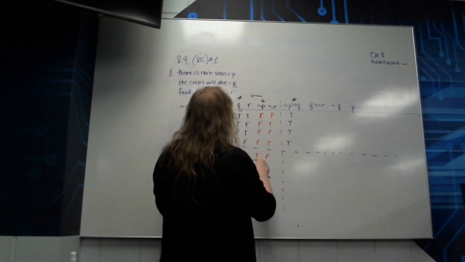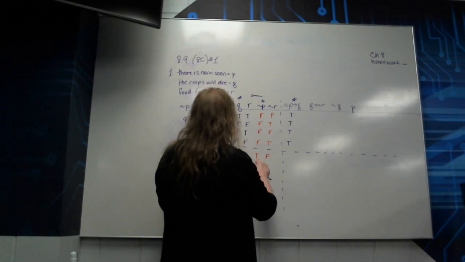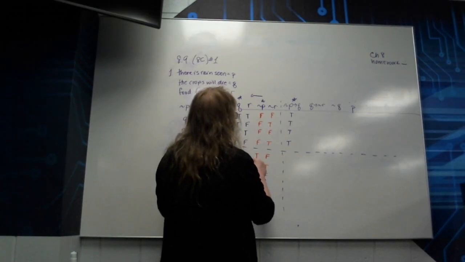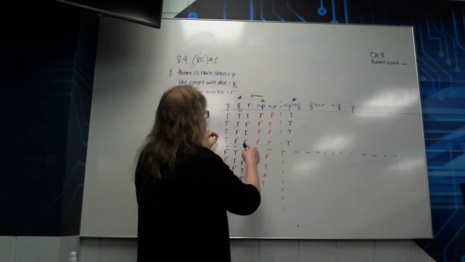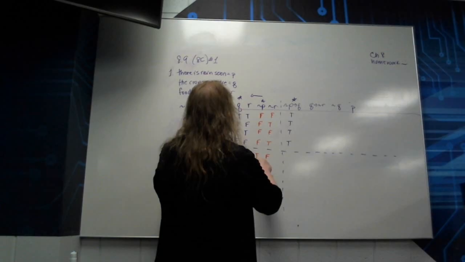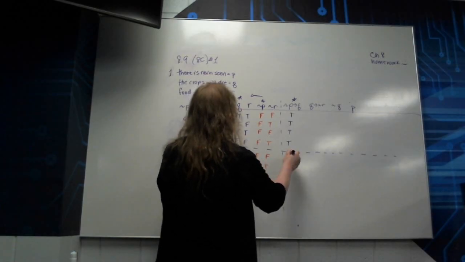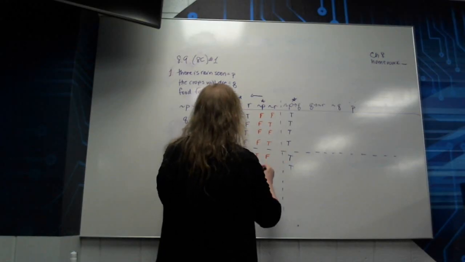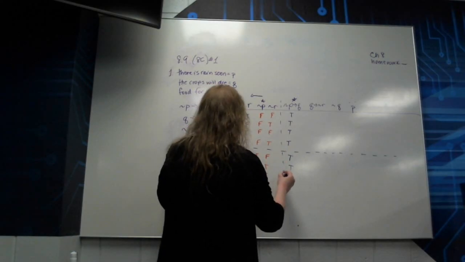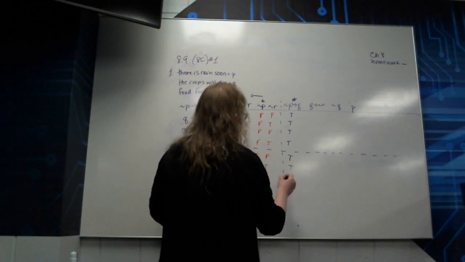Then I'm going this way. Okay. Did I do that right? Yes, okay. So now true to true is true, true to true is true, true to false is false, true to false is false. Okay.